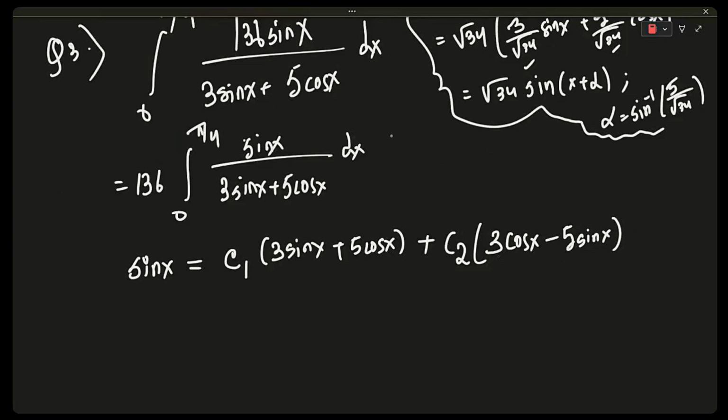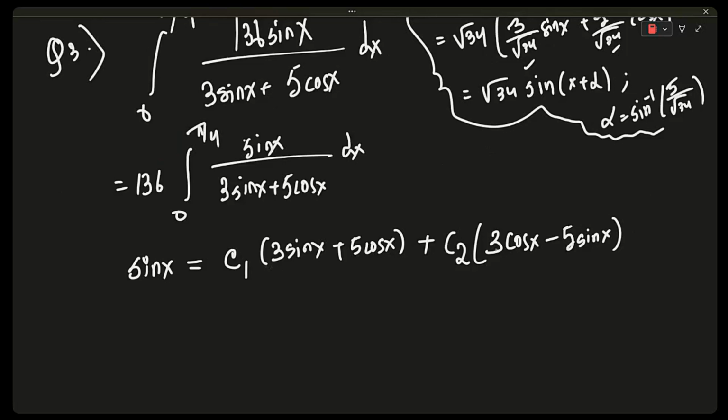In the other integral, if you substitute 3 sin x plus 5 cos x as t, then the expression 3 cos x minus 5 sin x dx in the numerator will simply act as dt. After substitution your integral would be dt by t, because this was t and this is the derivative. That integral directly becomes log of t, where t you can back substitute. This is the motivation for writing sin x as a linear combination.